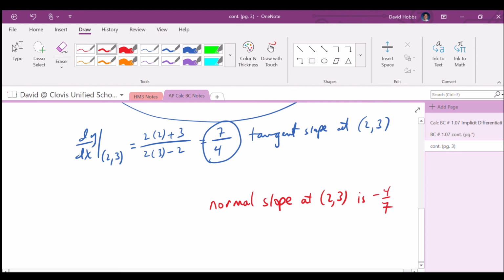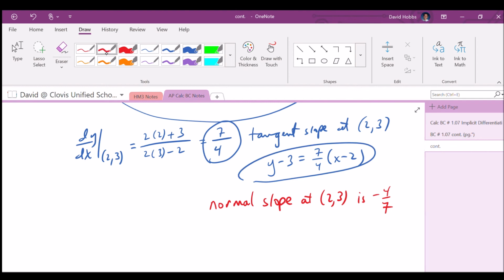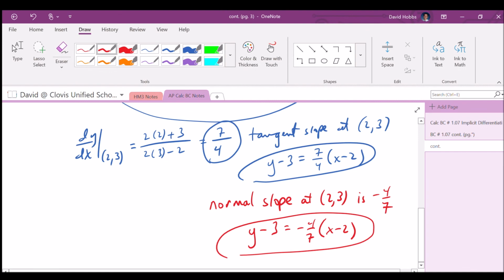Okay, so now, if you're willing to write the equations in that nice form for lines, you'll be done in about 20 seconds. Y minus 3 equals 7/4 times x minus 2. There's your tangent line. And your normal line is going to be y minus 3 equals -4/7 times x minus 2. There's your normal line.